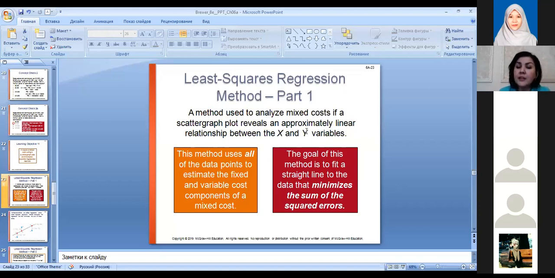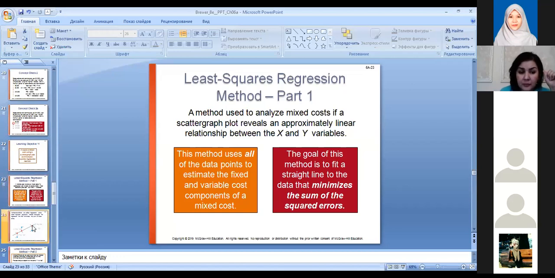So in this case, we say x is the independent variable, y the dependent variable. And this regression method uses all of the data points, cost components of a mixed cost. The goal of this method is to fit a straight line to the data that minimizes the sum of the squared errors.